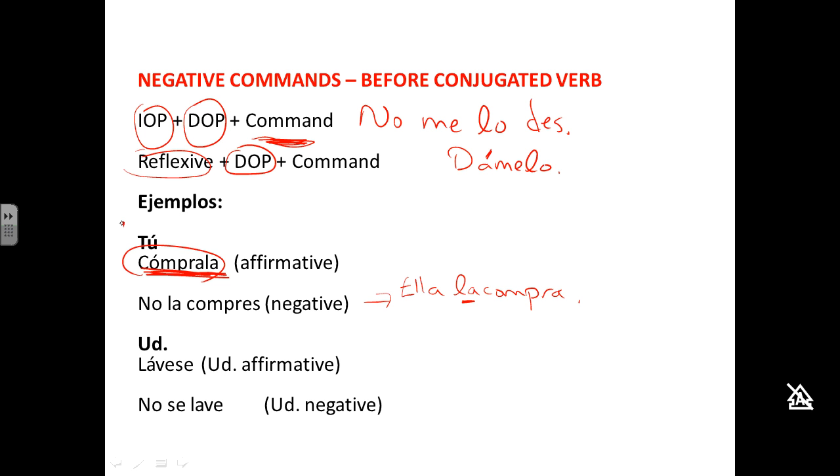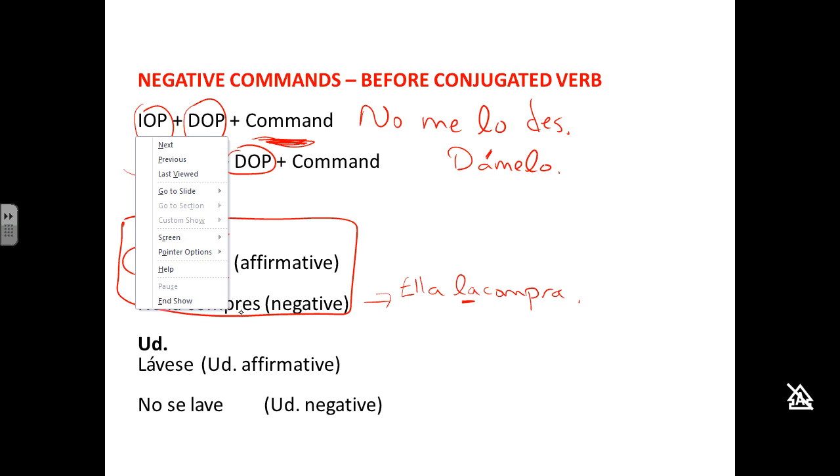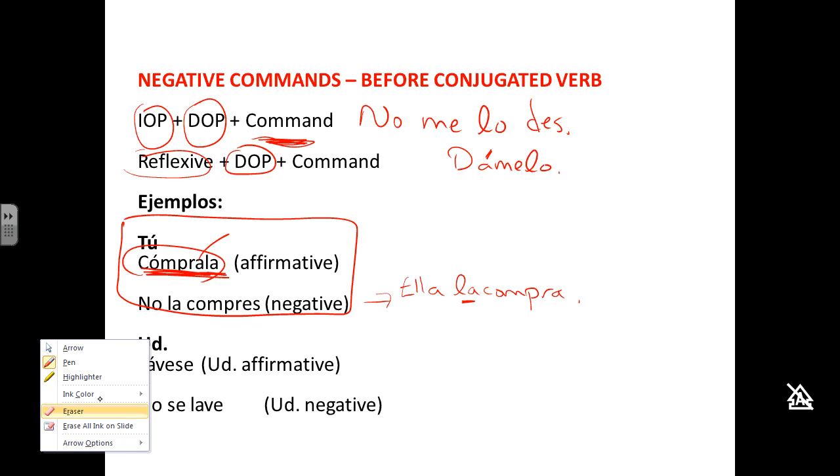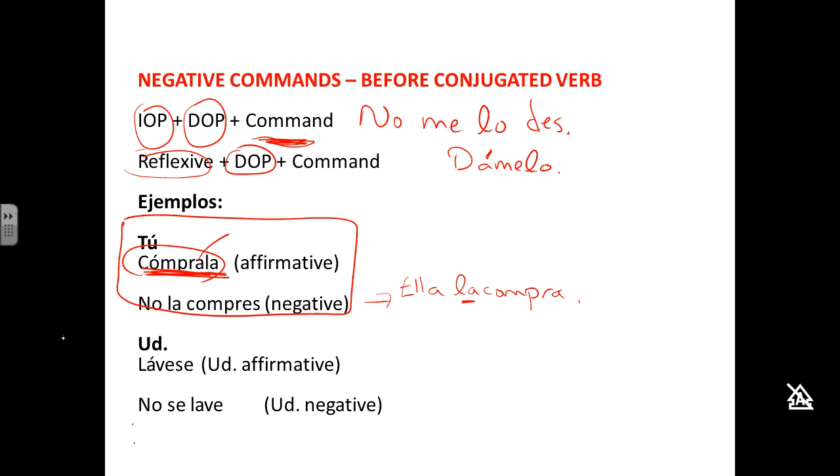The difference in the two commands, right, is compra is the third person singular, and the indicative, and then compres is the subjunctive. So the actual command conjugation just stays the same.